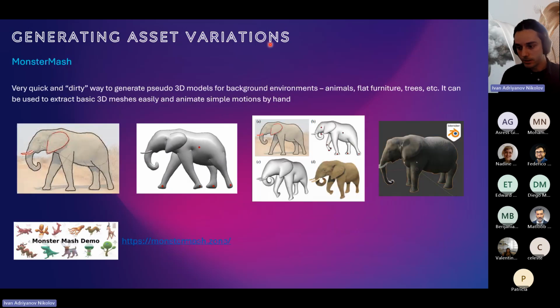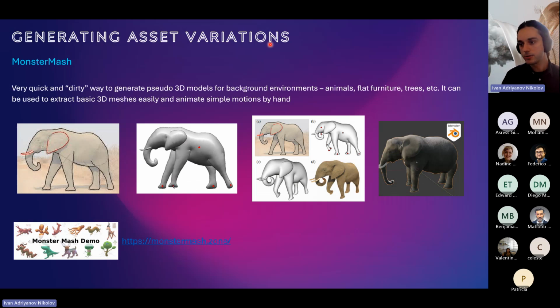Monster Mesh is something that my students are currently using for one of their projects, for making backgrounds, because they're creating 3D animal enclosure videos, where we want to have some animals in the background far away that we might not care that they're very high resolution, but we still want them to be able to move around and be 3D enough.